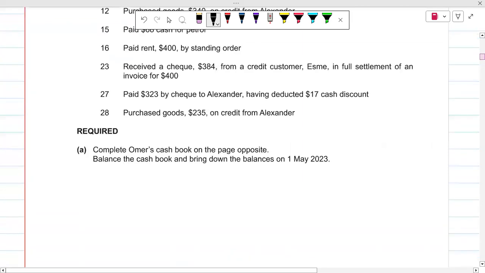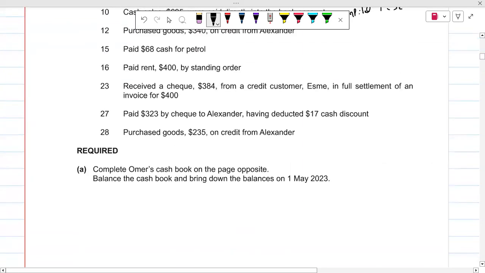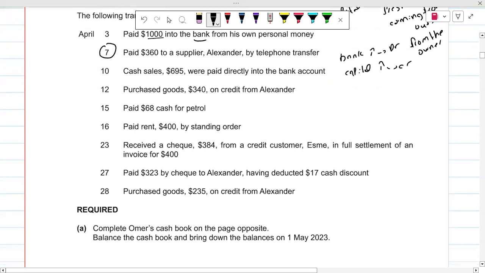After that we have one more transaction on 12 April. We purchased goods worth $340 on credit from Alexander. We purchased the goods on credit, so it means we didn't pay anything yet.